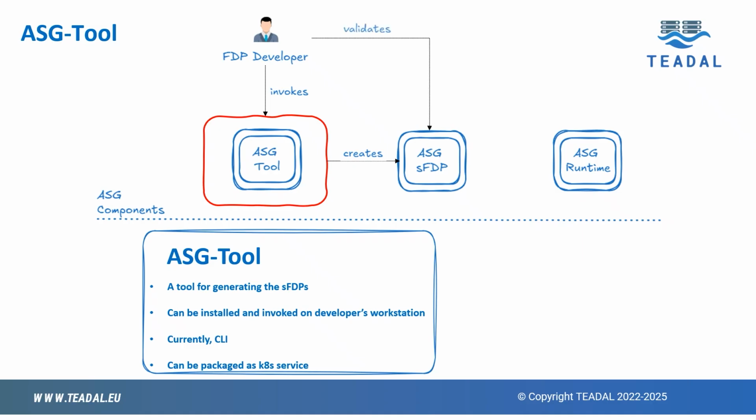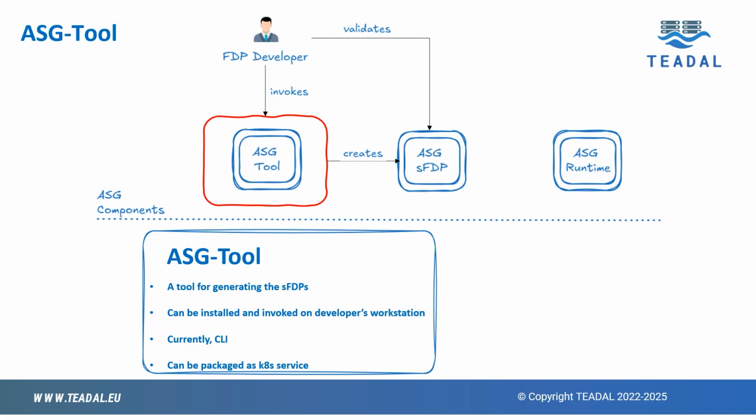When the sFDP project is created, developers can validate it is functioning according to the requirements. Then, they can decide to push the project to the GitLab repo, which will trigger image creation and publishing. In some cases, developers can decide to create the image locally and promote it for deployment, possibly first in the staging environment.